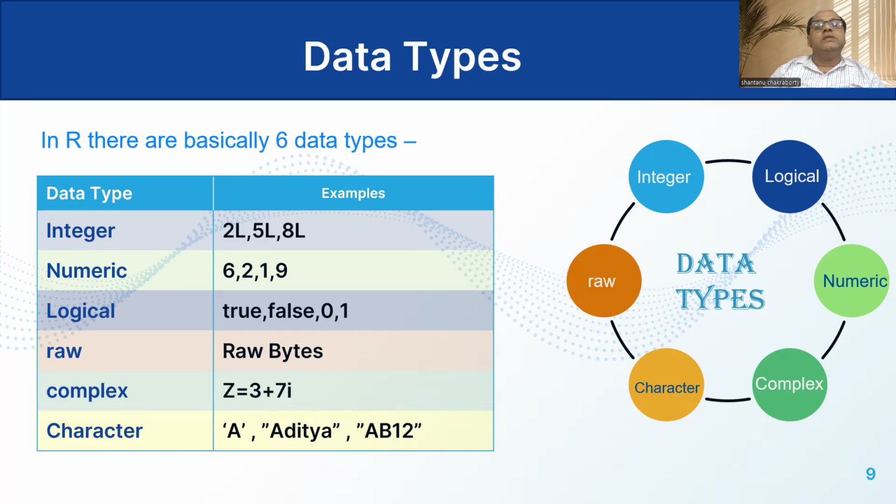As we know, the integer and numeric data types we have been using, and logical for and, or, not. Raw bytes of data are provided by the raw data type, and complex can support complex numbers, and the character data type can support a single character or a string. So these are the data types which are widely supported by the R programming language.